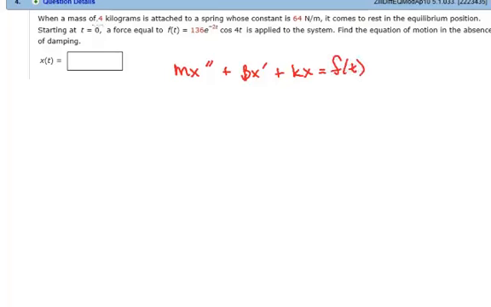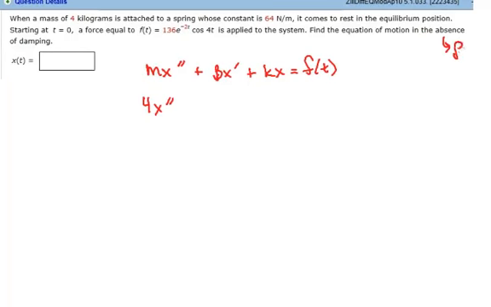And they tell us the m is 4. And they say in the absence of damping, that means beta is 0. So we don't have a middle term. And the spring constant is 64. And my f of t is 136 e to the negative 2t cosine 4t.